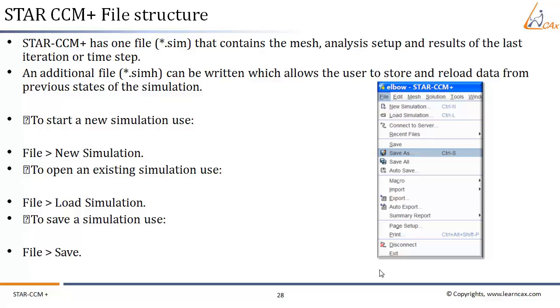For starting a new simulation, we have to go to File, then click on New Simulation. To open an existing simulation, we have to go to File, then click on Load Simulation. To save the current simulation, we have to go to File and then click Save.